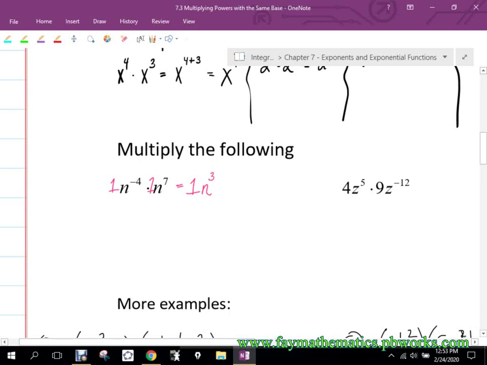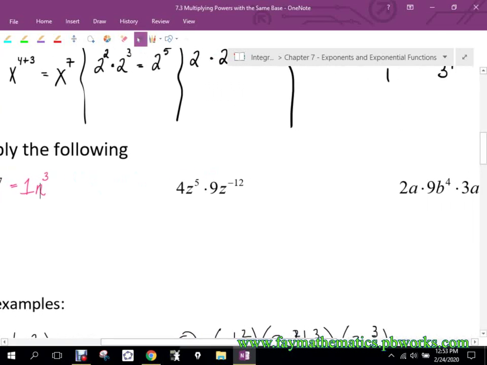Now, the reason I put those 1s there is to see that we are multiplying those coefficients, because in the next problem, they're no longer 1s. Okay. Think about this. If I look at this next example, you have a number 4. You have a number z to the 5th. We just don't know what z is.